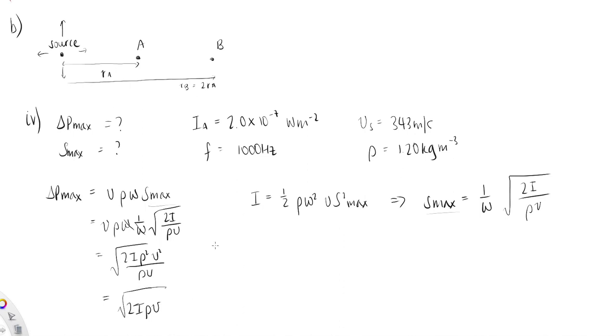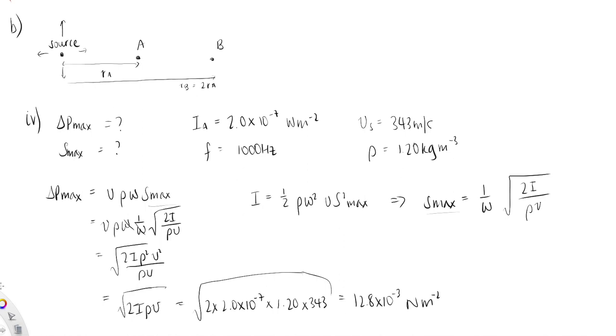Cool. So we have a pretty simple equation here. Now we can just sub in what we know to actually work out what the pressure amplitude is. Then when we do that, we get 12.8 times 10 to the minus 3 newtons per square meter.